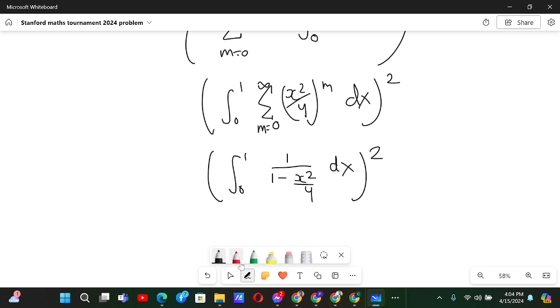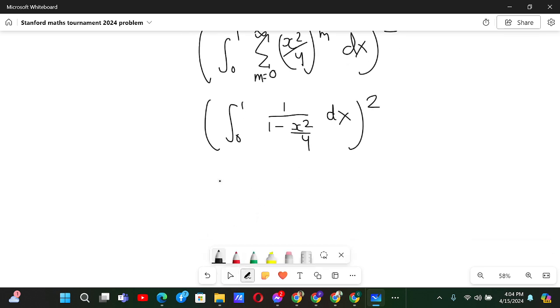Now this is an easy thing. So now this is just 1. First of all, let me take the LCM, and we get 4 over here, integral from 0 to 1 of 1 by 4 minus x squared dx, whole squared.